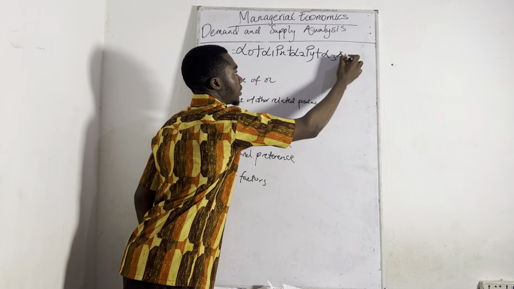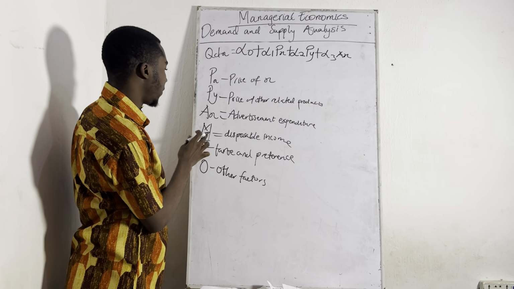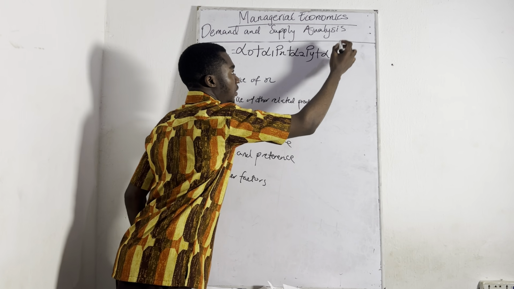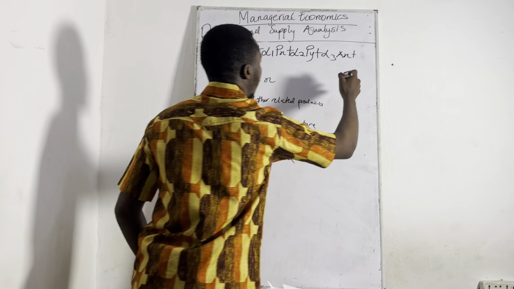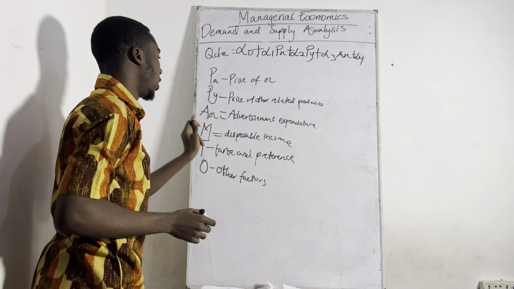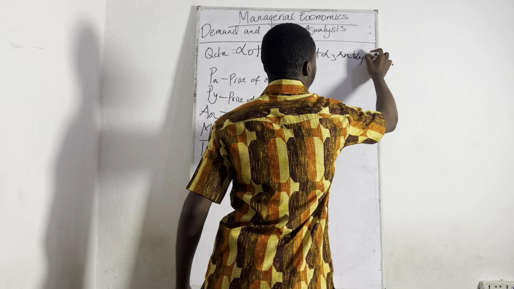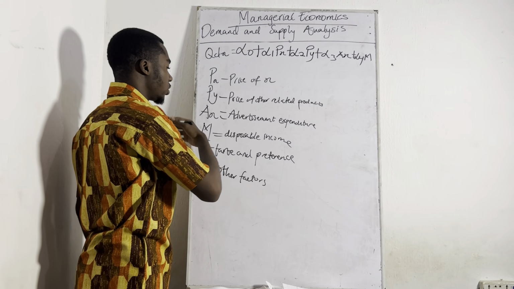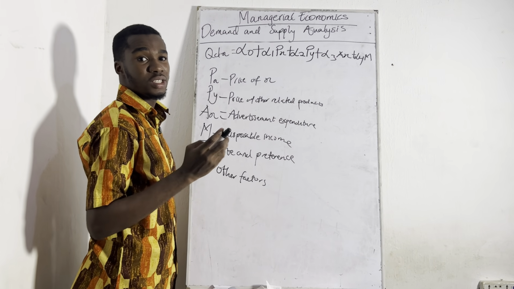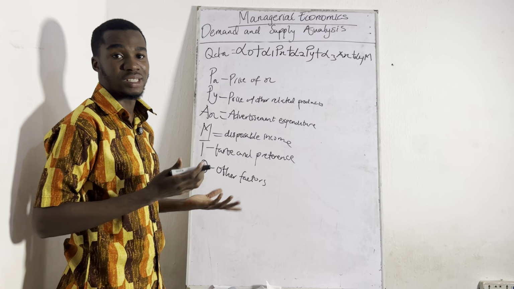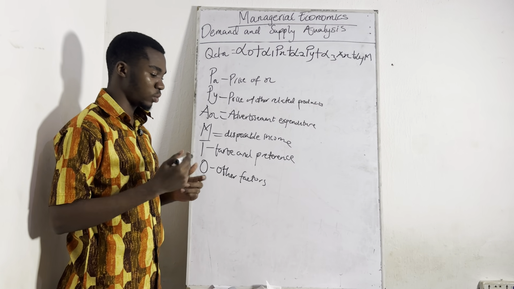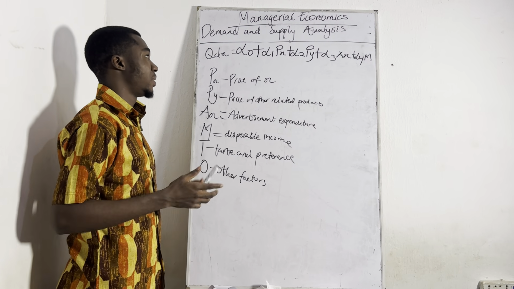Then we bring our plus again, alpha 4, then disposable income, which is M. Then we also have taste and preference and any other thing. You don't even need to chew these things. I just wanted to use them to explain how to interpret them, because in exam, they'll tell you what each of them means.